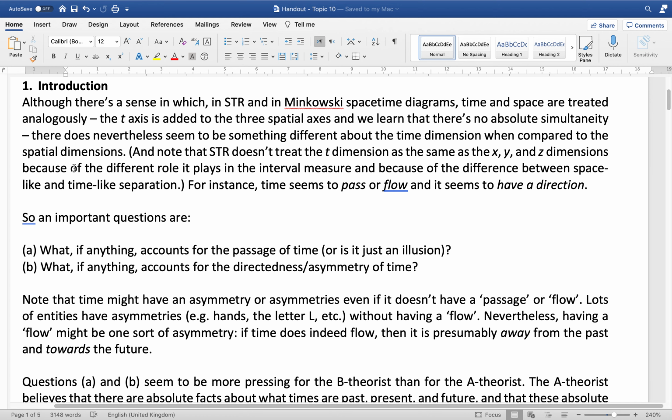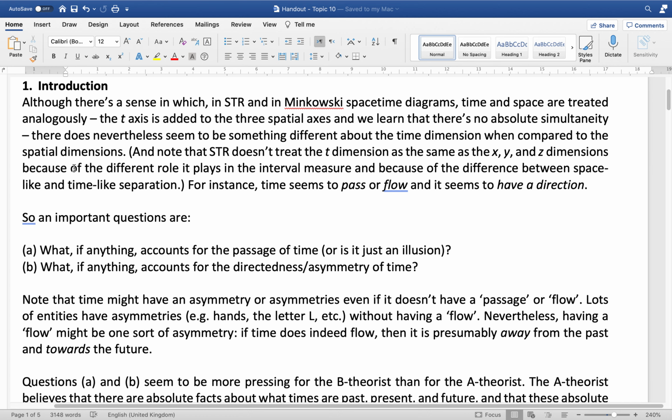So time might have an asymmetry or even asymmetries, even if it doesn't have a passage or a flow. There are lots of entities that have asymmetries, but that don't have any such thing as a flow or a passage.